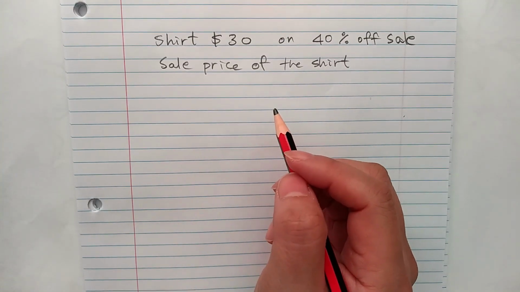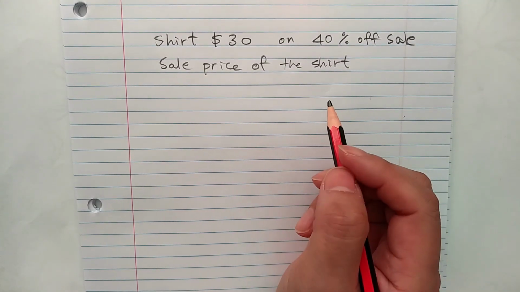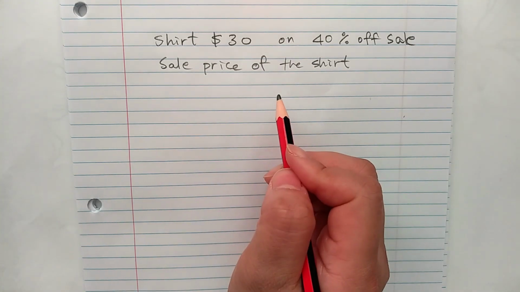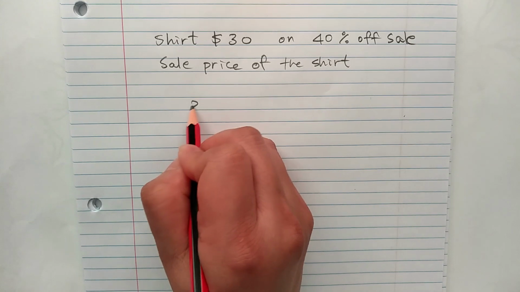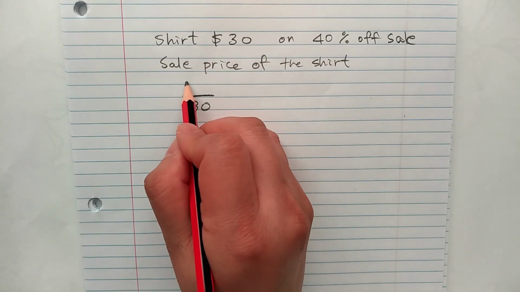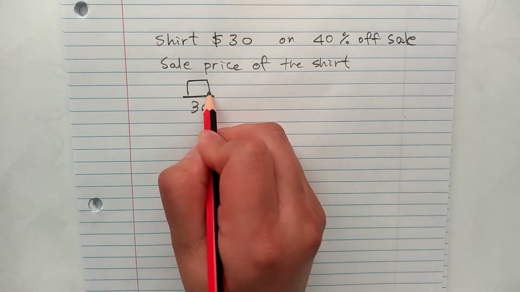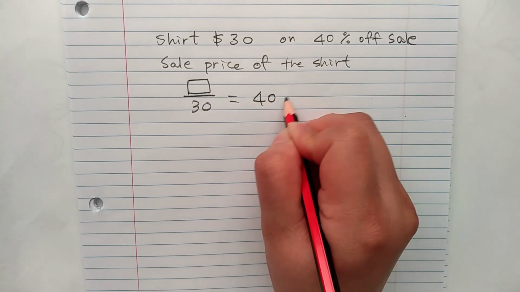You are buying a shirt that is $30 and it is on 40% off sale. What is the sales price of this shirt? The original amount is $30 and the portion of it is 40%.